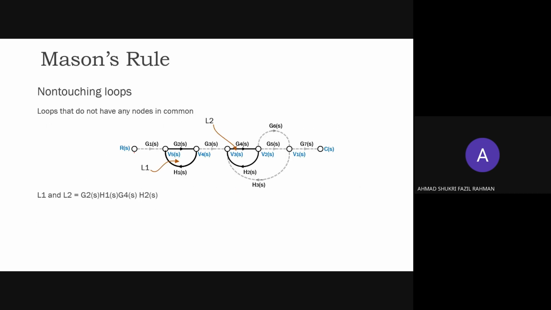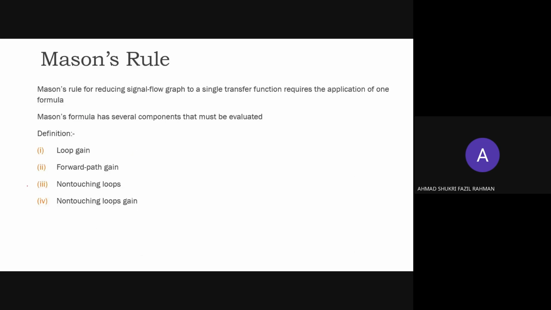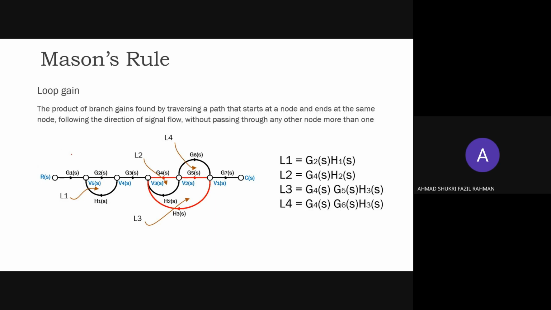Once we have obtained the forward path, we look at the loop gain. We go back to this one, loop gain. The definition of loop gain: the product of branch gains found by traversing the path that starts at a node and ends at the same node.